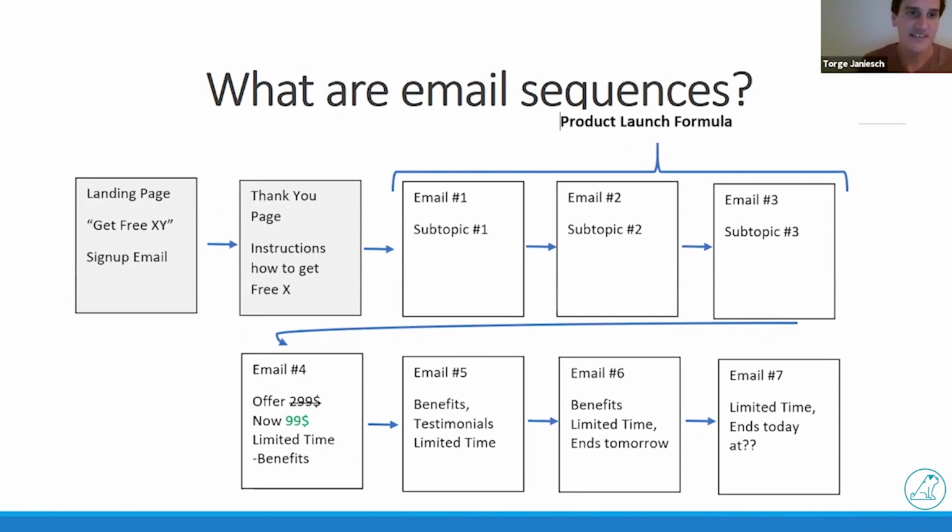Let's say they sign up at the first part, the landing page, get a freebie, and they get to your thank you page, they confirm something, and what you then do is you prepare an email sequence. And depending on which topic you choose, it's always different.